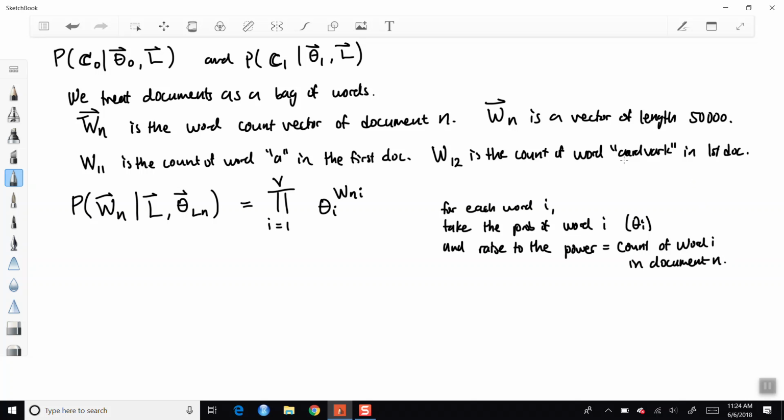So if the word aardvark appeared twice in document 7, then you would take the probability of the word aardvark and square it, because that's the probability of that word appearing.